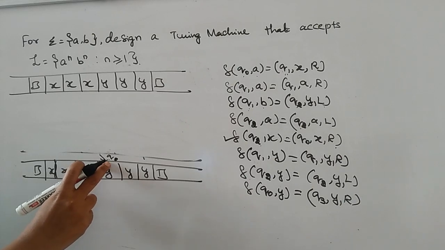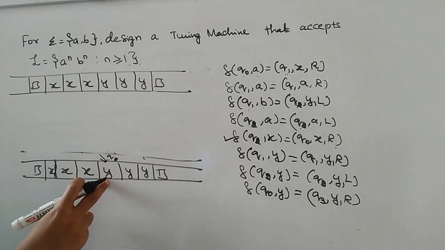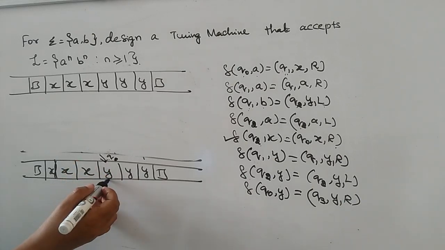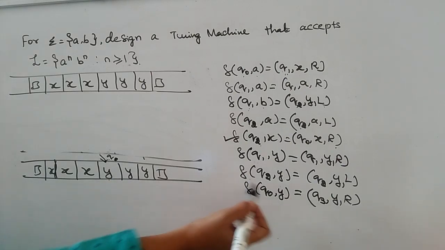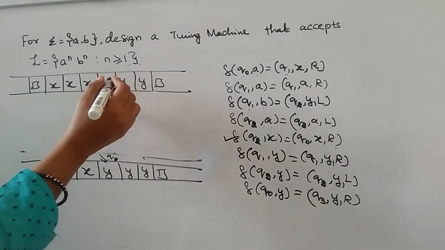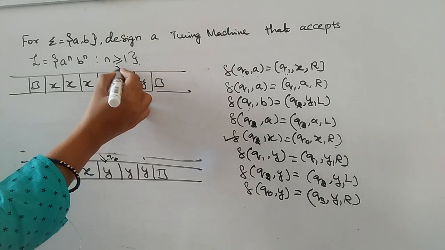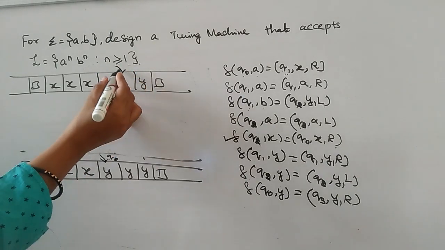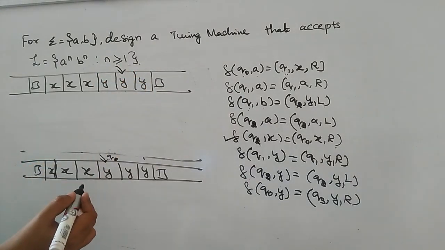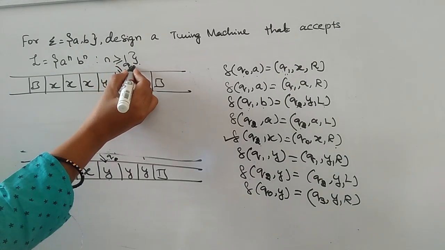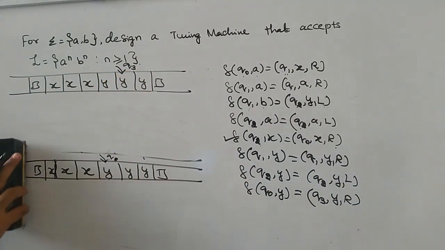Now the machine is in the state Q0 and the read write head is pointing to the symbol Y. As per this transition, we are going to shift our read write head towards right, means the read write head comes to this cell and the machine will be in the state Q3.